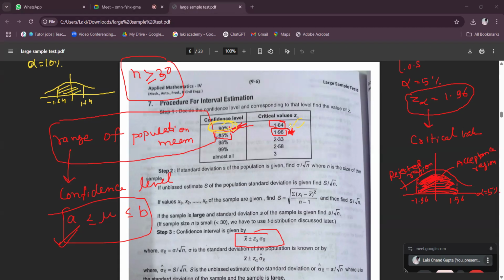Yes, it is calculated by using normal distribution. You have studied normal distribution, normal probability. Okay, so there is one table. I show you this table.